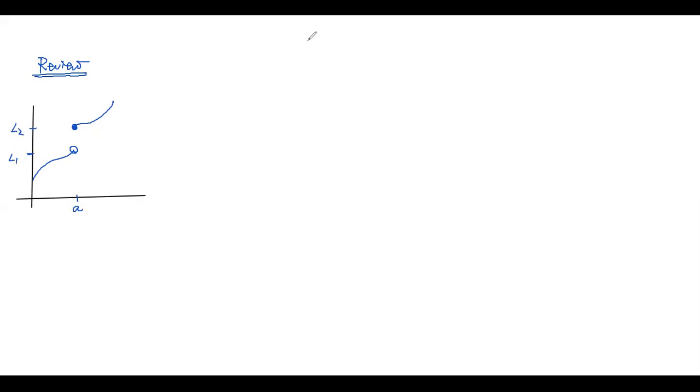From this example, if you just look at the graph, obviously this is not continuous, correct? You've got a jump here.